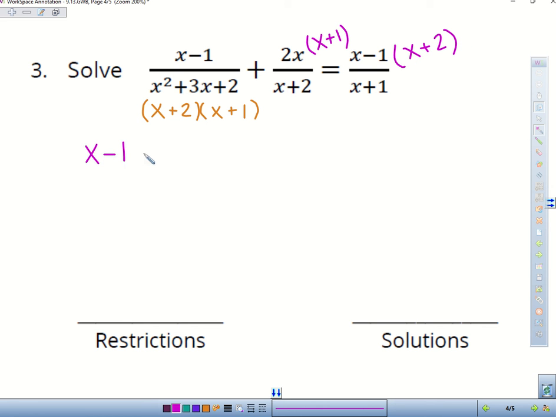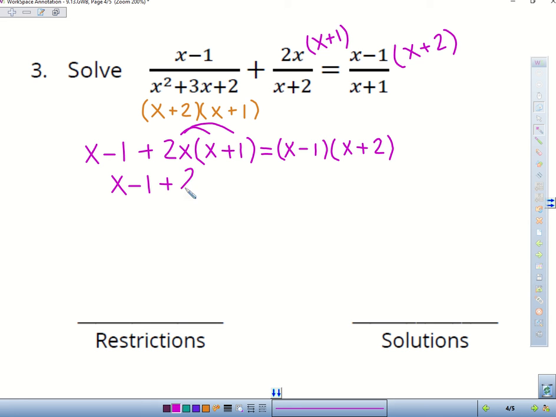x minus 1 plus 2x times x plus 1 equals x minus 1 times x plus 2. Now we're going to use the distributive property, and then here we're going to use the distributive property in the form of FOIL.